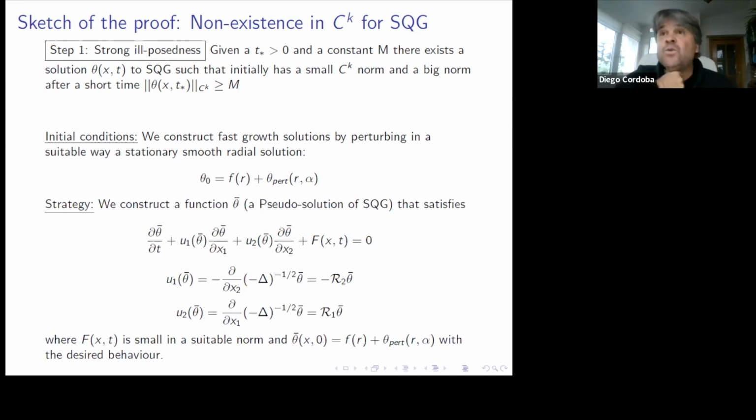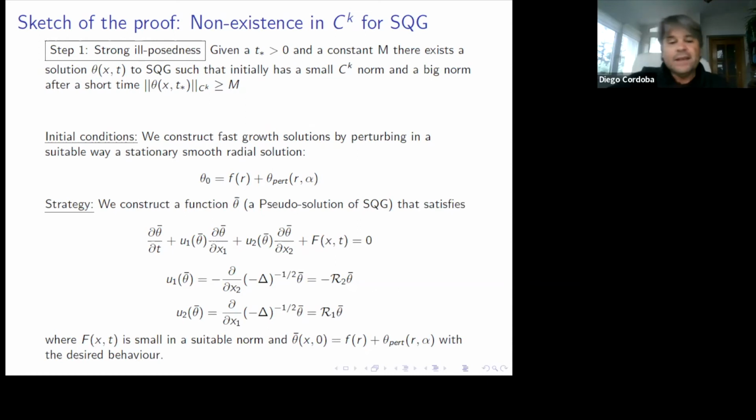And we're going to construct pseudo solutions. By a pseudo solution, I mean a solution theta bar that satisfies SQG with a source term, capital F. Of course, this is not saying anything by itself, but by pseudo solution we require this source term to be small in certain norms.